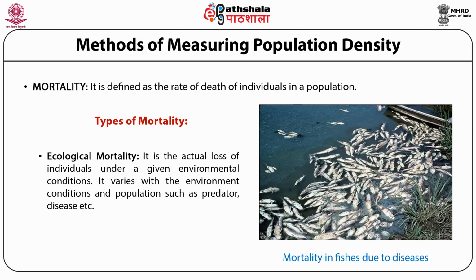It is the actual loss of individuals under given environmental conditions. It is not constant for a population but varies with the environmental condition and population factors, such as predators, disease, etc.